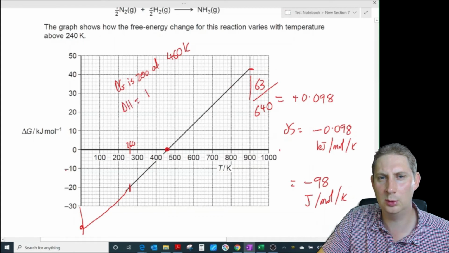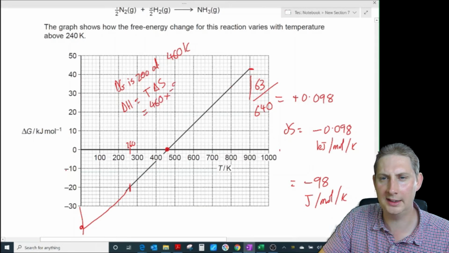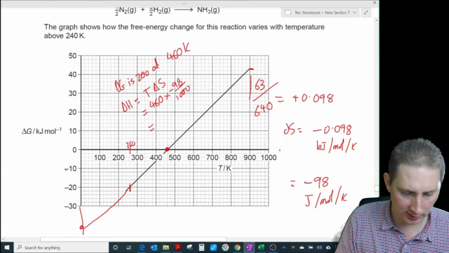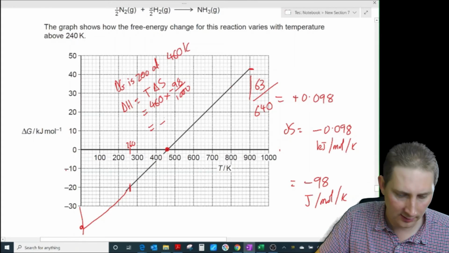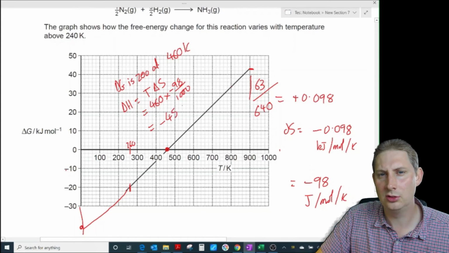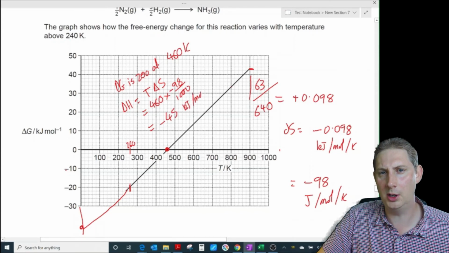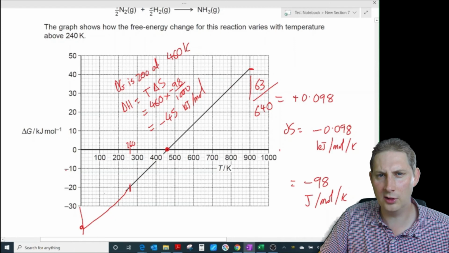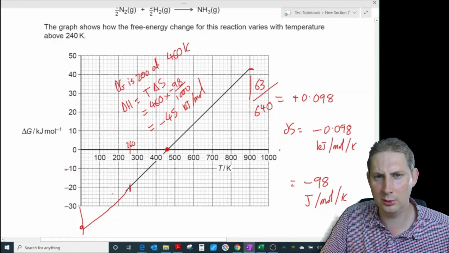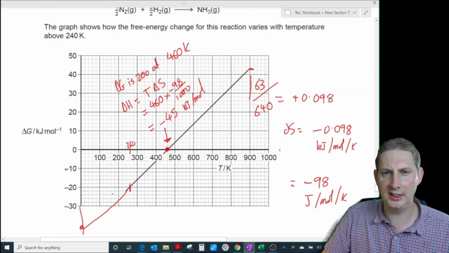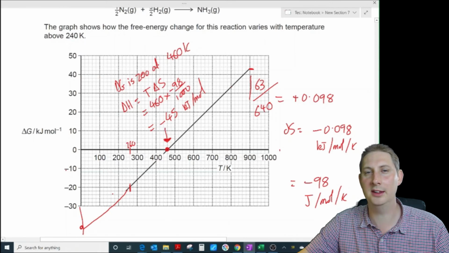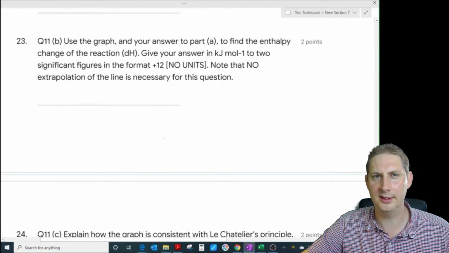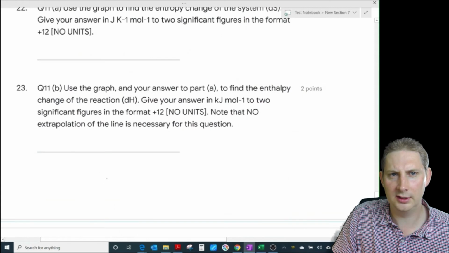Delta H equals T delta S, which equals 460 times minus 98 over 1000, and that equals minus 45 kilojoules per mole. Okay, and we got that from the fact that instead of having to extrapolate all the way down here, we know where delta G is 0, and we did the same thing that we did for our previous question, so minus 45 kilojoules per mole.